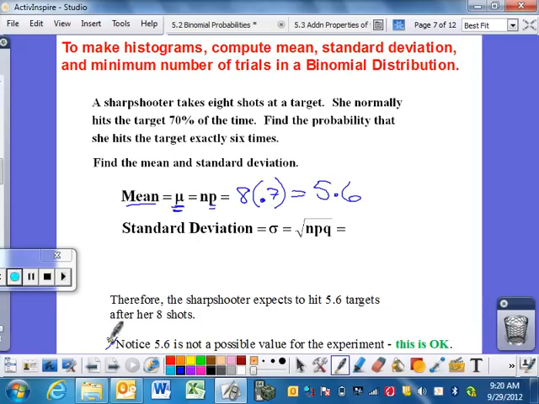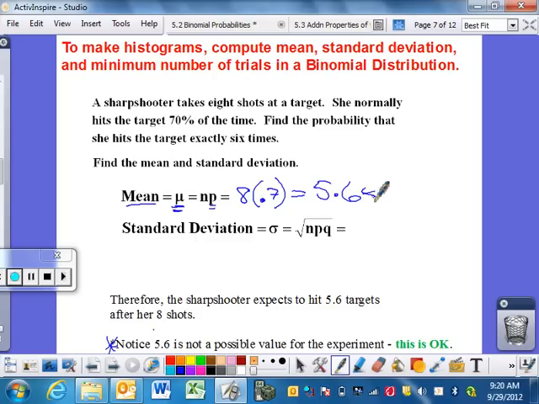I have this noted down here. 5.6 is not possible, obviously, because you're not going to shoot 5.6 bullets or whatever you're shooting at a target. You have to do 5 or 6, but it is okay because we're just saying what's the expected number of times she hits the target. I expect her to hit the target 5.6 times out of 8. So she might hit it 5 or 6 times.